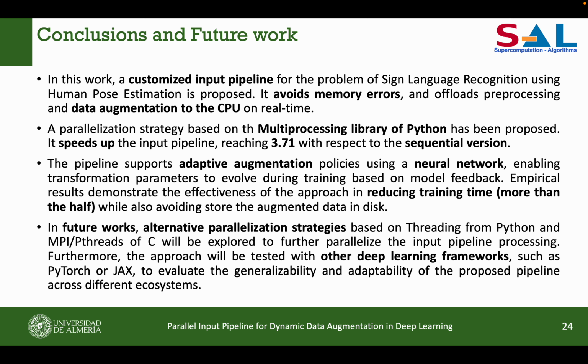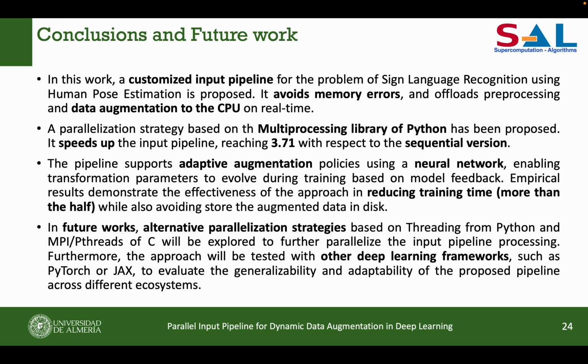It speeds up the input pipeline, reaching 3.71 with respect to the sequential version. The pipeline supports adaptive augmentation policies using a neural network, enabling transformation parameters to evolve during training based on model feedback. Empirical results demonstrate the effectiveness of the approach in reducing training time, while also avoiding storing augmented data in disk.